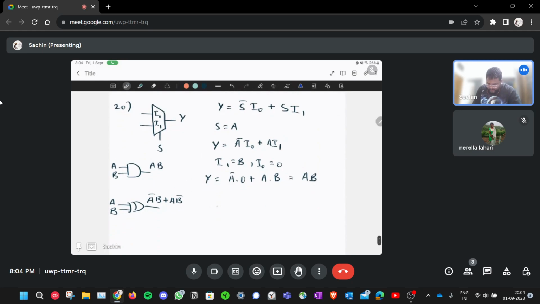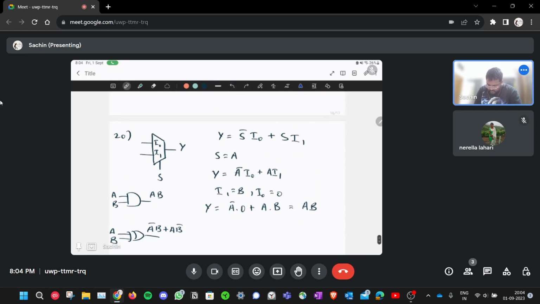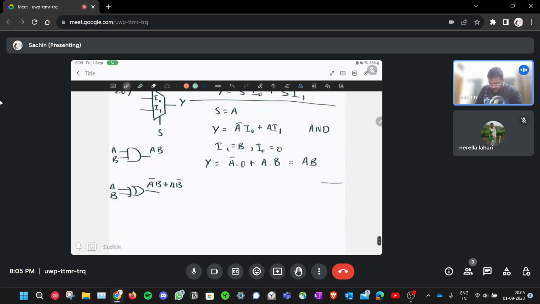You can do that in a similar way. Here I'll write for XOR.